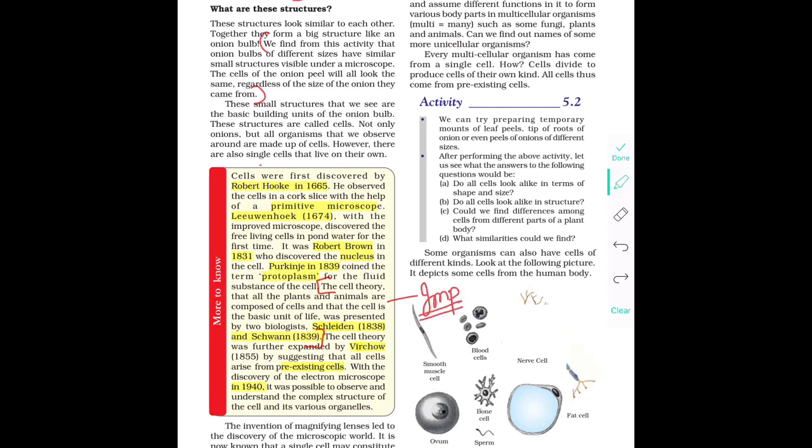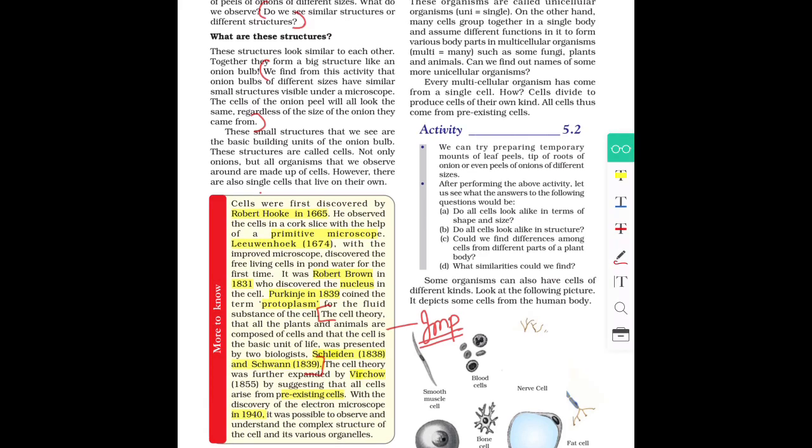Now moving further, let us see how the variation in size, shape and number of cells can form different organisms, or variation in organisms due to these characteristics of the cell. The invention of the magnifying lens led to the discovery of the microscopic world.